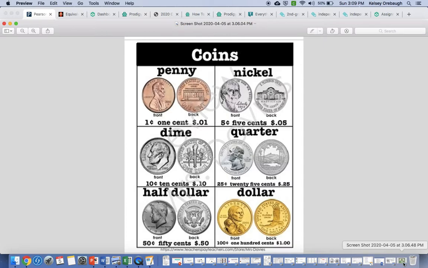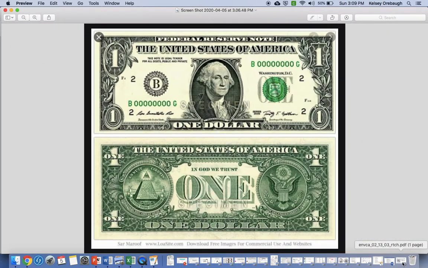We also have this here called a dollar bill. We know that sometimes people use paper money to pay for things at the store. The name for paper money is bills. A bill that equals 100 cents is a dollar bill.